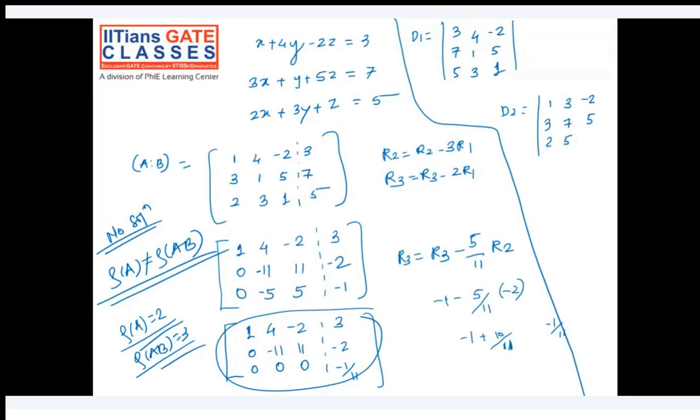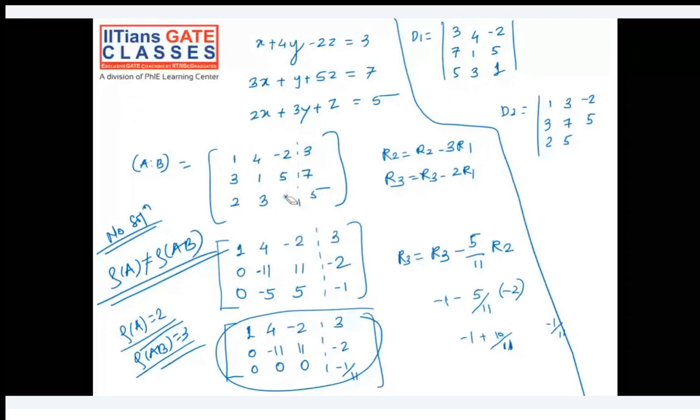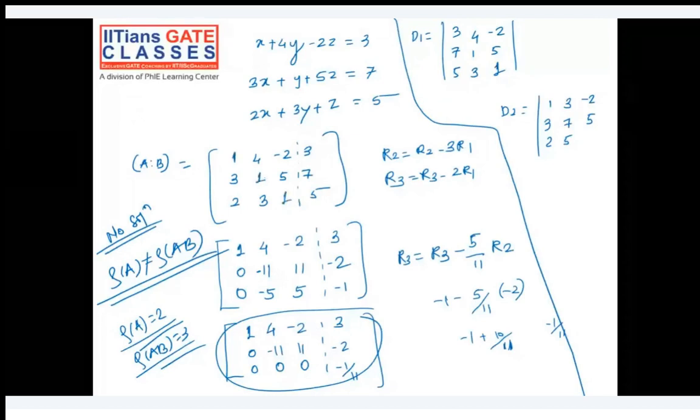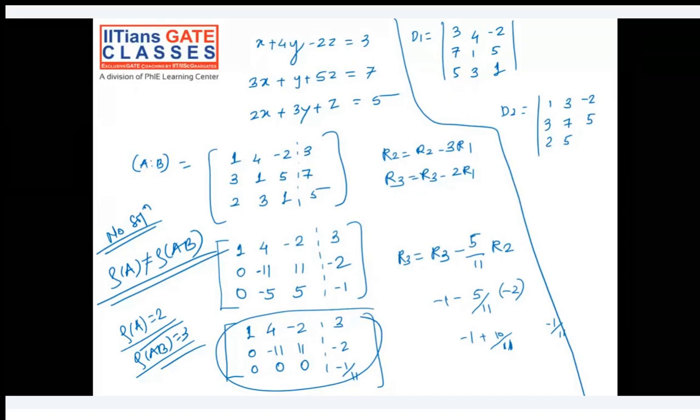I just wrote 1 in place of 2. The solution will not change here. Arjun, I hope you are asking this question. 1 minus of minus 4 means 1 plus 4. That's why 5 is written. So the solution part is not wrong. Just replace this here with 1.